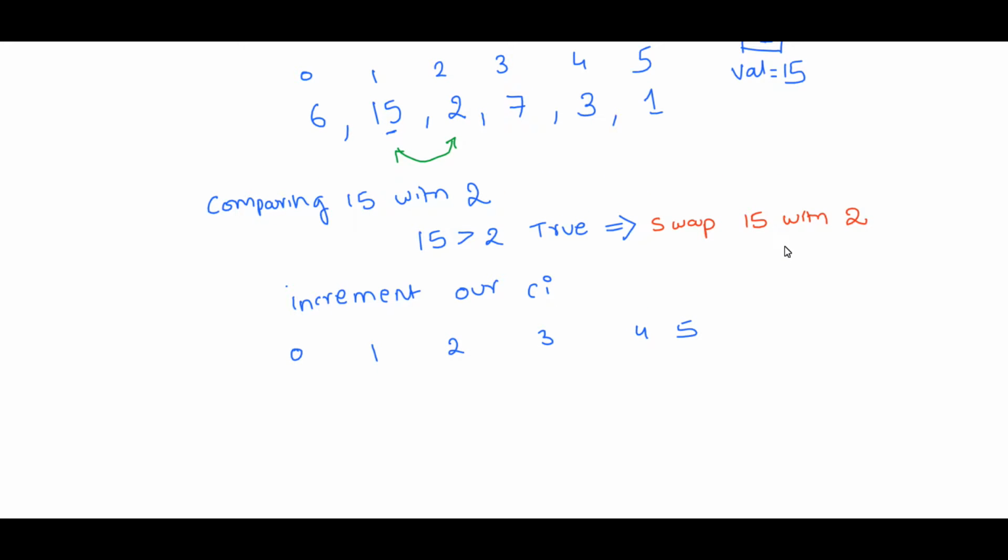And just to remember the elements, 6, 15, oh sorry, that is what we're swapping. We're swapping 15 with 2, so at this point we're going to have 2 here and 15 in position 2, and 7 and 3 and 1.